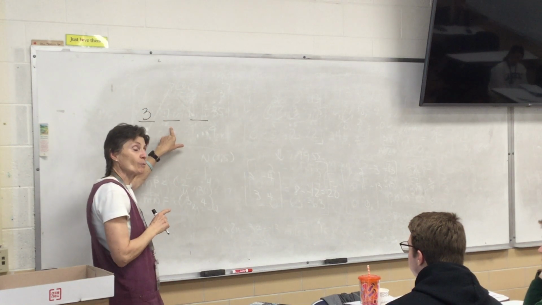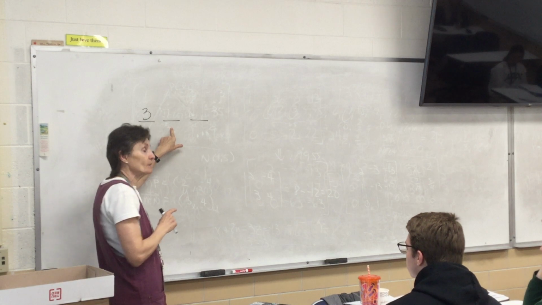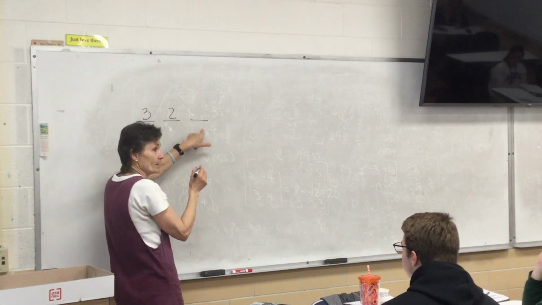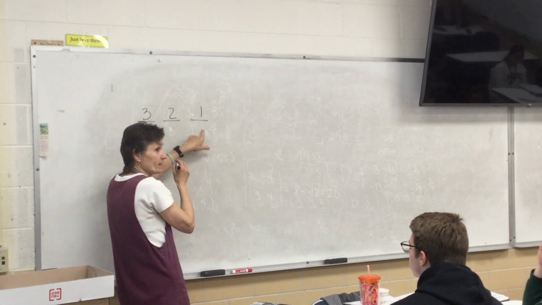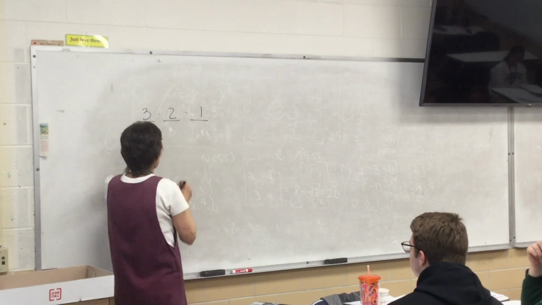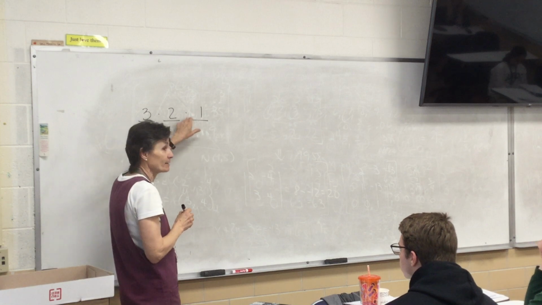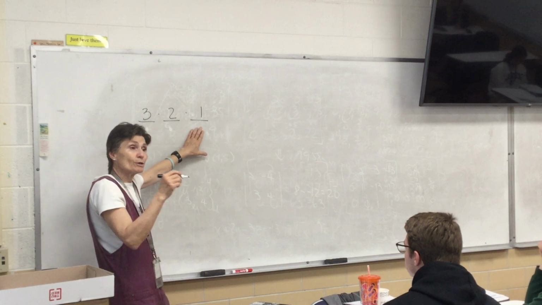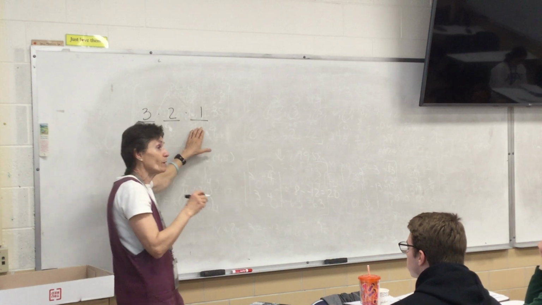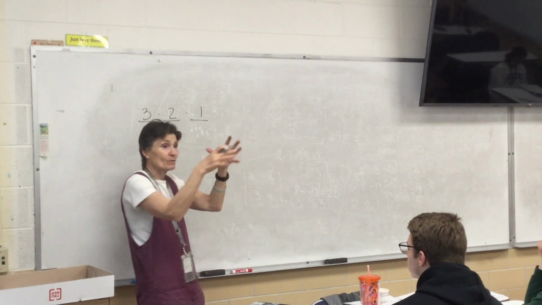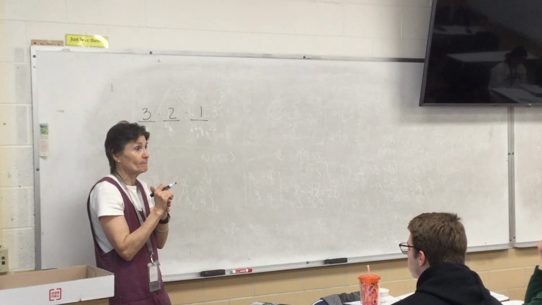How many choices do I have for spot 2 then? Just 2, and then finally there's only one guy left, right? I have 3 choices, and 2 choices, and 1 choice. We will learn as we go through this that if you are doing this and this, that's a multiplication.